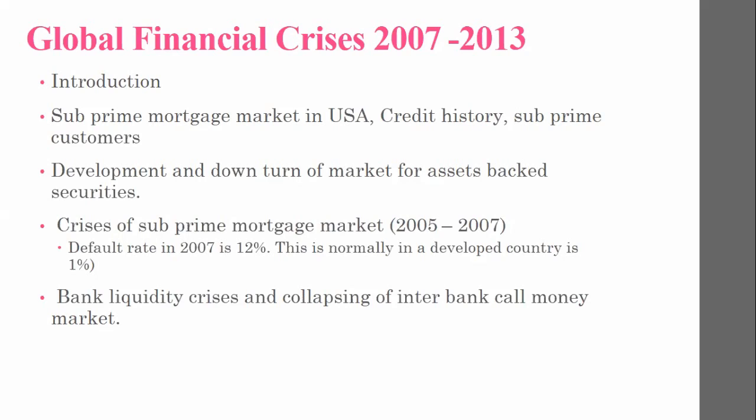So later they have to pay a higher amount, but initially they were given concessionary rates. So that's ARM, adjustable rate mortgages. All these facilities were used to encourage borrowers to take more and more loans. So from prime borrowers, they shifted to subprime borrowers with bad credit quality or bad credit history.